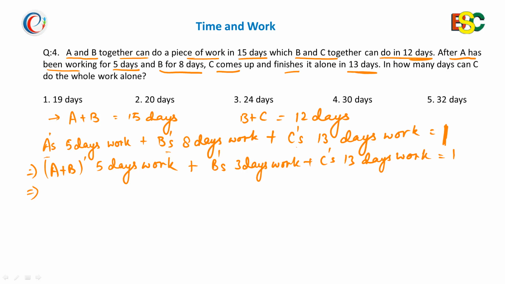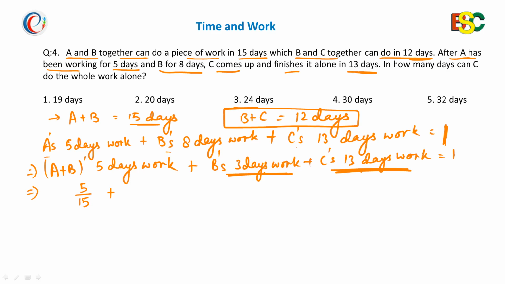since A and B are completing the work in 15 days, in 5 days they will do 5 over 15 work, right? Plus, now if you take the common here, B's 3 days work and C's 3 days work, together they are completing the work in 12 days.